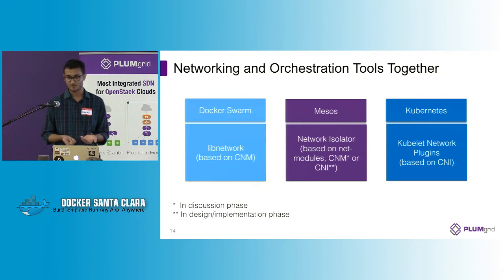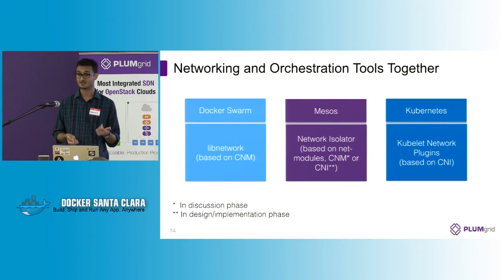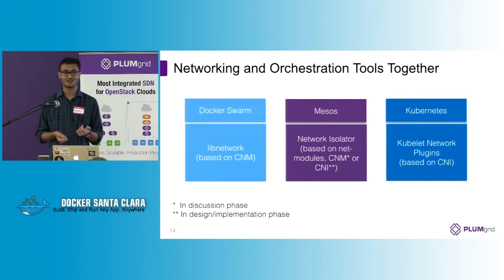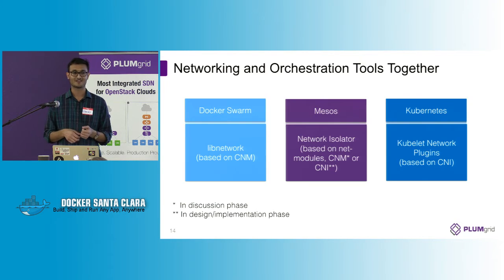In Mesos, it's a bit more complex. I'm going to refer to the slide I presented earlier, where there was this notion of a containerizer. The containerizer is what defines what kind of runtime you are going to use. So if you're using, let's say, a Docker containerizer, you could utilize libnetwork. That already works today.